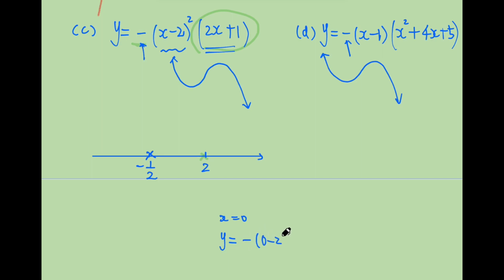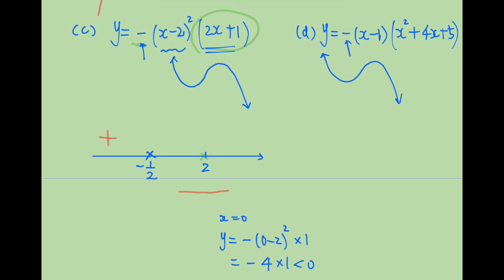Then 0 minus 2 all squared times 1. And this value we will have -2 squared, it is +4, then times 1. The product finally is negative. Therefore, to the right of -1/2, the y values are negative, but to the left, it will be positive.